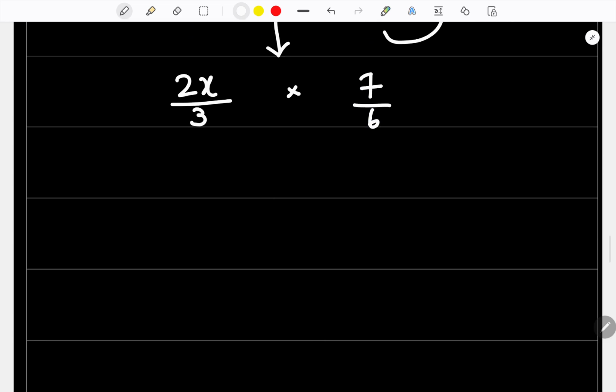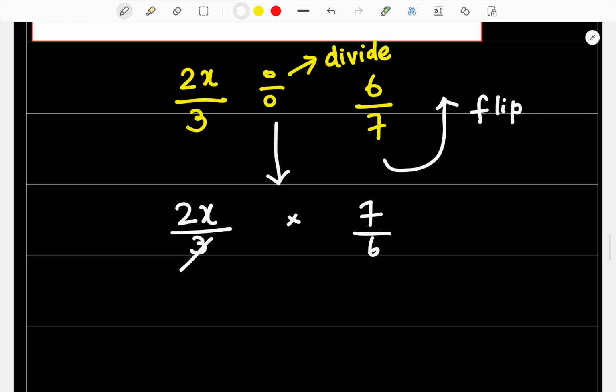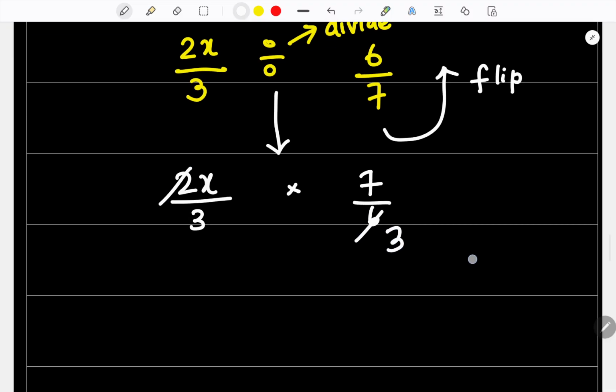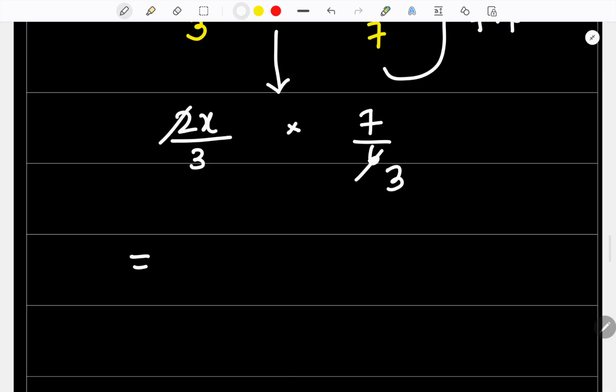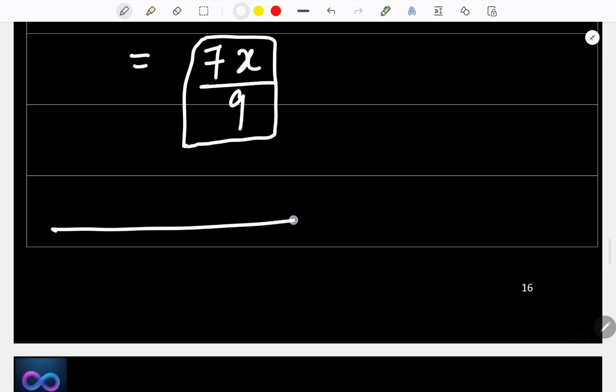You can put it in the calculator or cancel if possible. Sorry, you cannot cancel 3. Okay, 2 you can cancel with this, so you will get 3 2s are 6. So this will be equal to 7x divided by 9. This finishes your exercise P1.